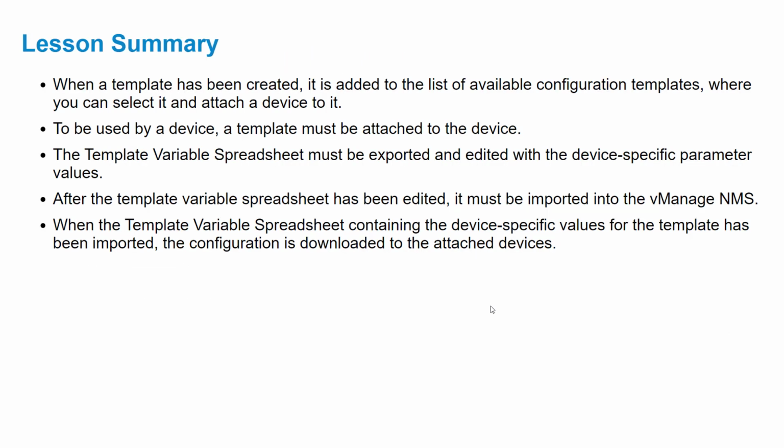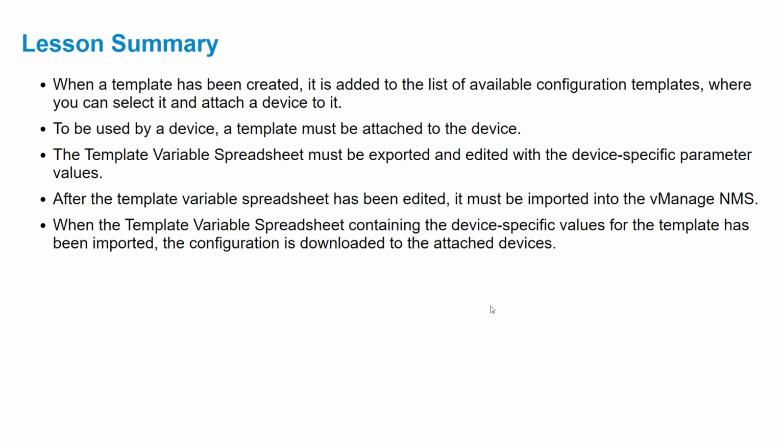All right, so that was just a quick lesson on how we finally bring all this together. We apply the templates to our devices. Very, very simple lesson, because again, all the heavy lifting has already been done when you're setting up the system initially for the control and data plane configurations on your SD-WAN fabric.